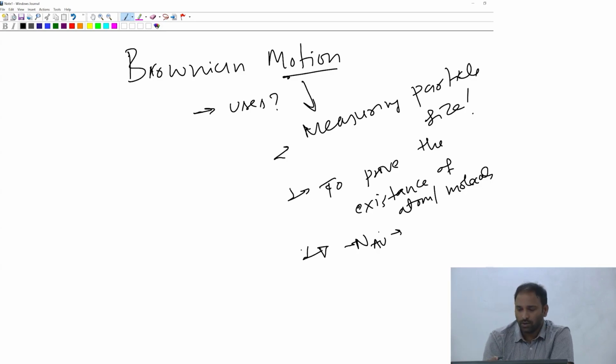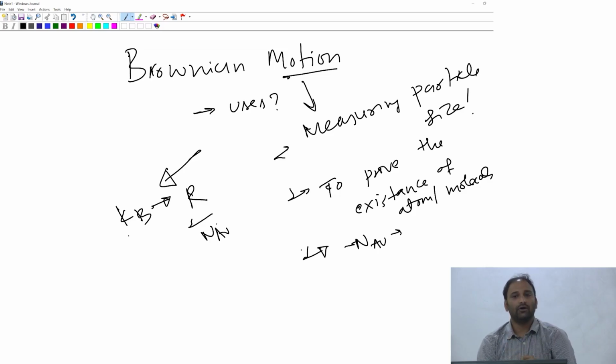A French scientist, John Perrin, used this Brownian motion concept and from that back-calculated what is called KB, the Boltzmann constant. There is a relationship between the Boltzmann constant, R, which is the universal gas constant, and your Avogadro number. So he used that to back-calculate the Avogadro number. It turns out that the number he got was very close to what is known now.